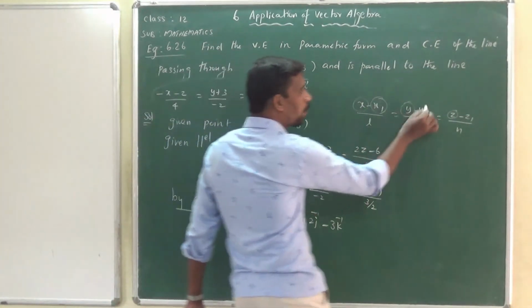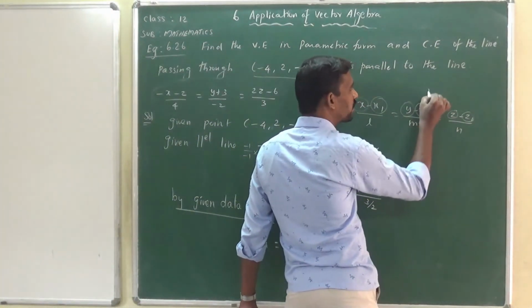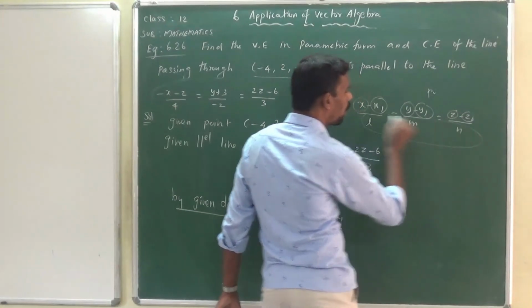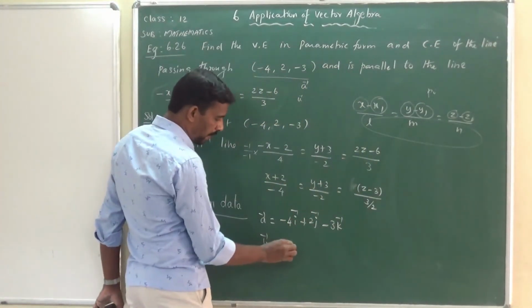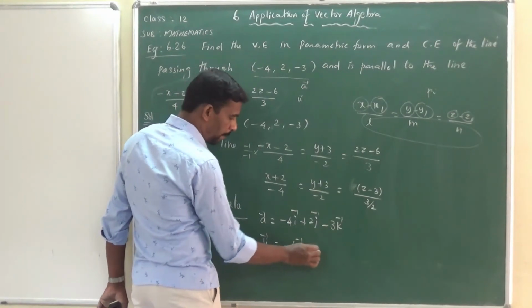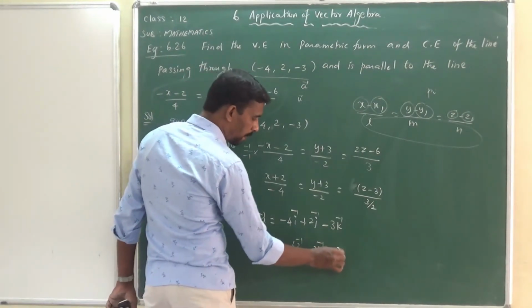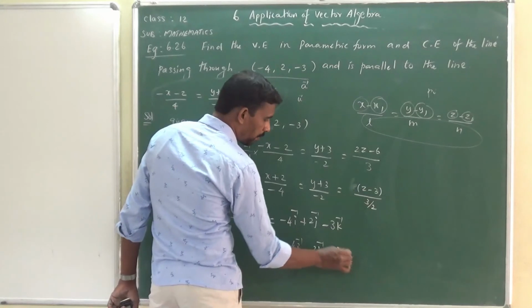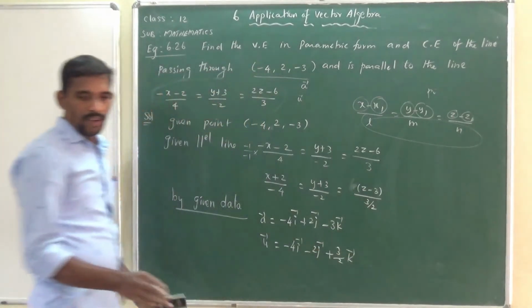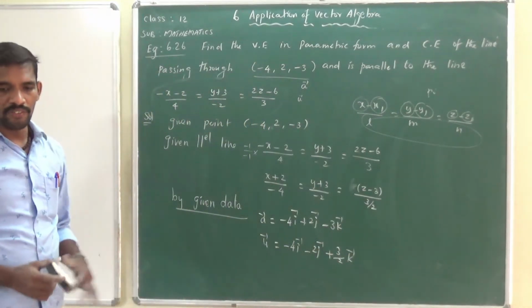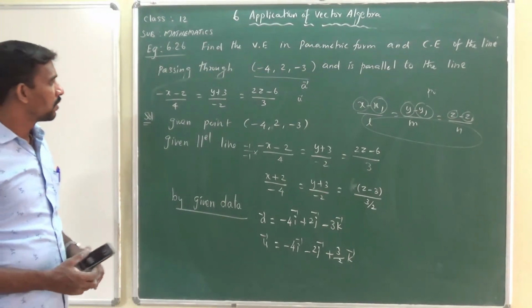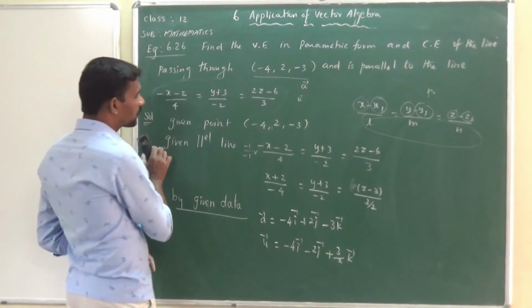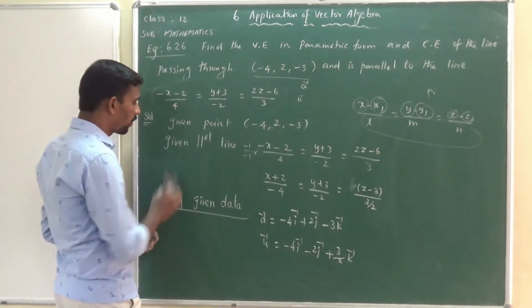Here x1, y1, z1 are the point, and l, m, n are the parallel vector components, so only the denominators we want to take. So minus 4i vector minus 2j vector plus 3 by 2 into k vector. Now we have to find the equation of the line in parametric form as well as Cartesian form.